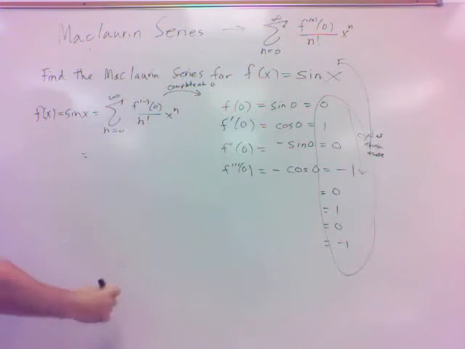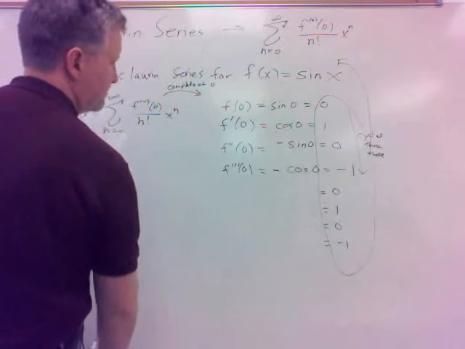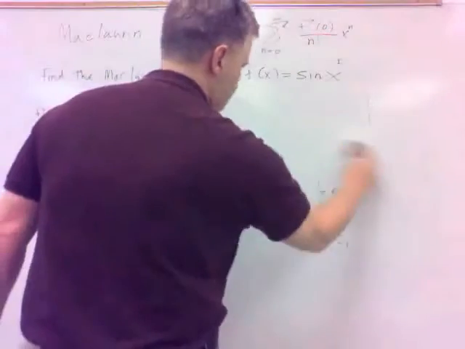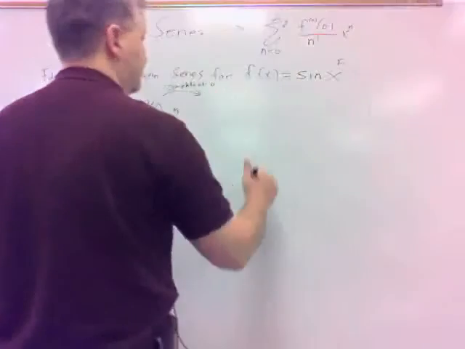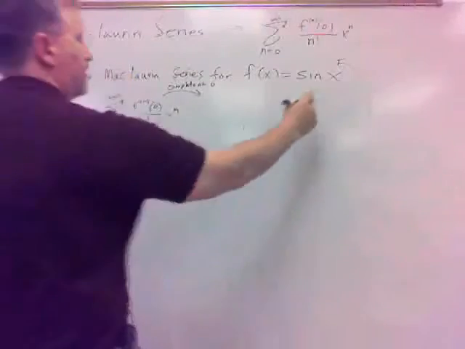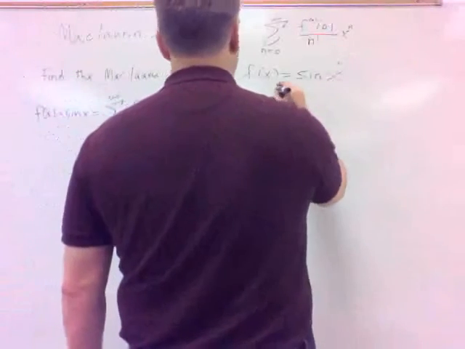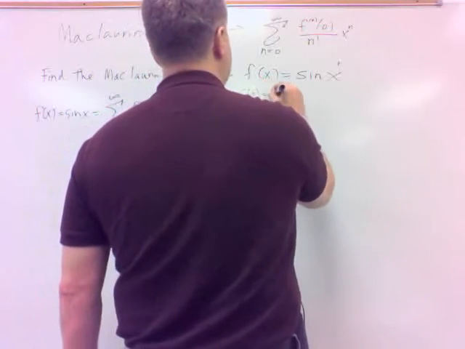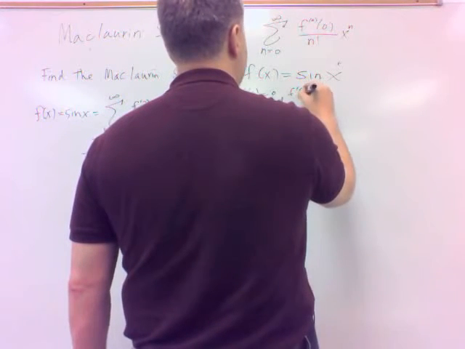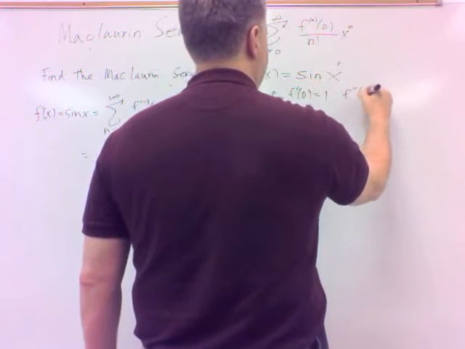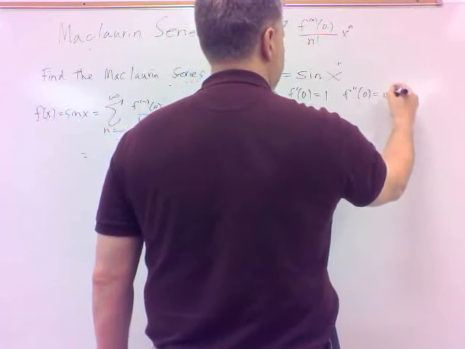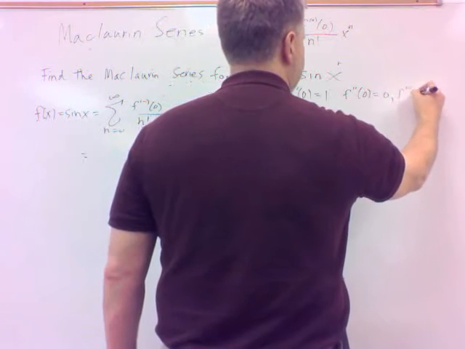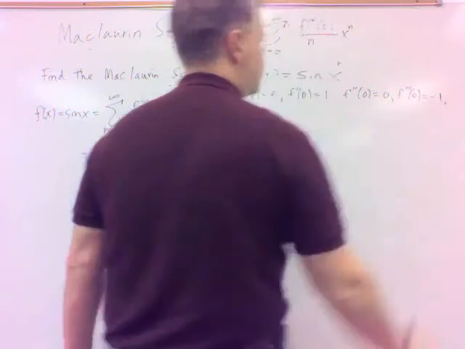All right, so our pattern is, I'm going to need a little space here, 0, 1, 0, negative 1. So f of 0 was 0, f prime of 0 was 1, f double prime of 0 was 0, third derivative of 0 was negative 1, and then it cycles from there.